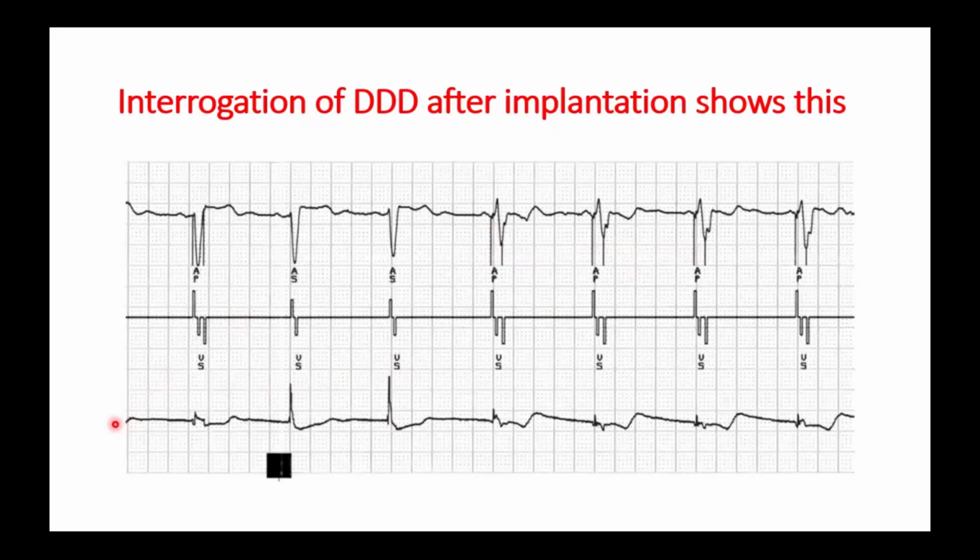And this is the atrial channel. You can notice that there is sync here and async here. What is the explanation for this? Or what's the differential diagnosis for such a thing when you see this? Please answer in the chat room.